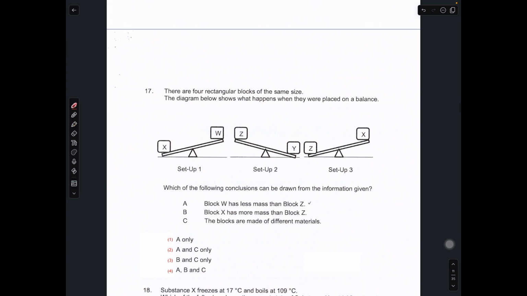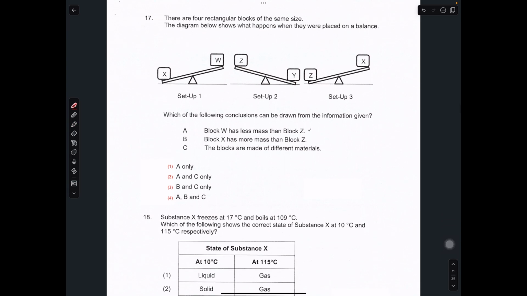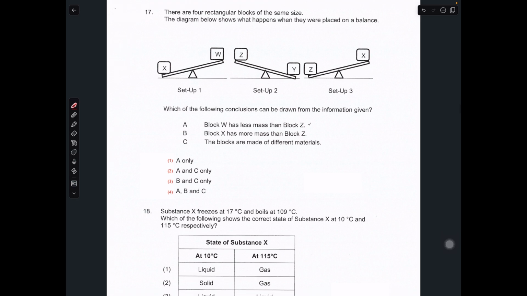Okay, so for question number 17, you have 4 rectangular blocks of the same size. The diagram below shows what happens when you place them on a beam balance and what kind of conclusion you can make. Take a look. You have W to be lighter, this one is heavier.